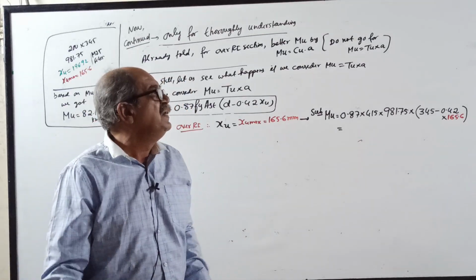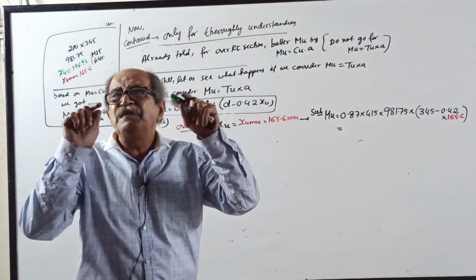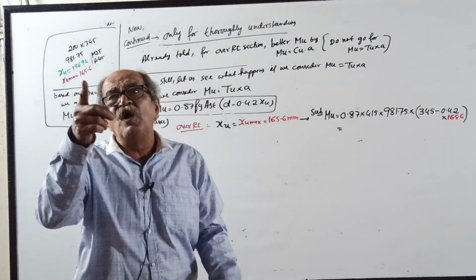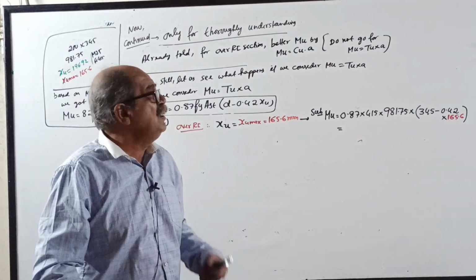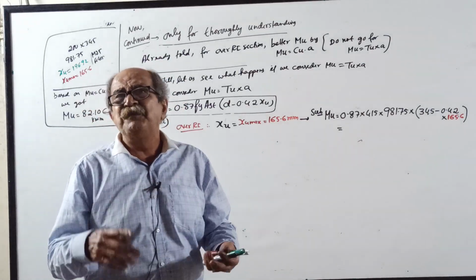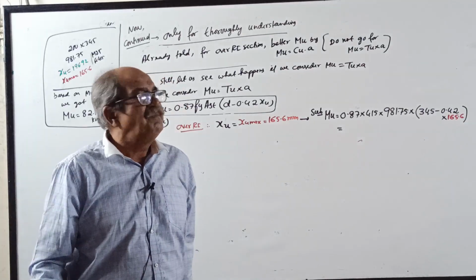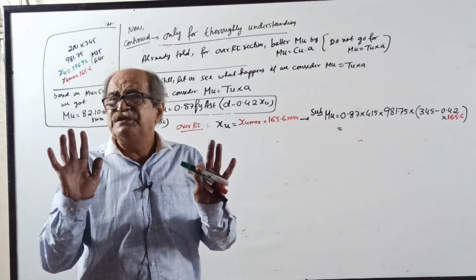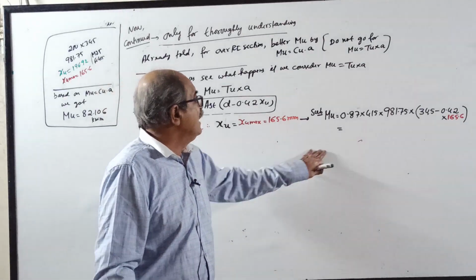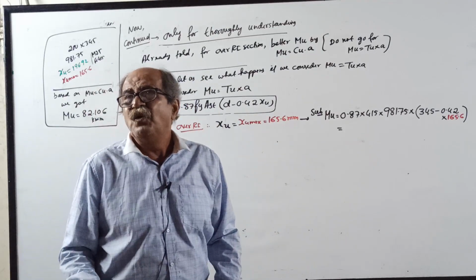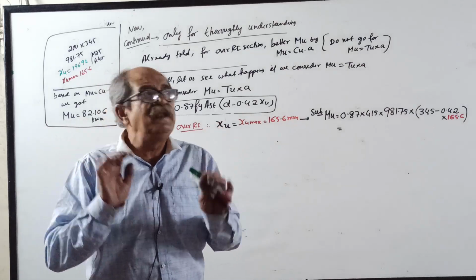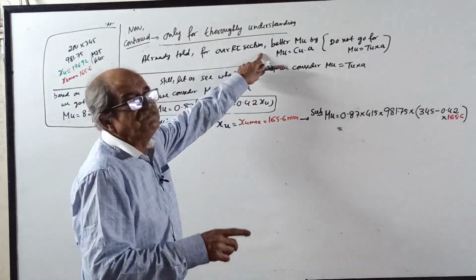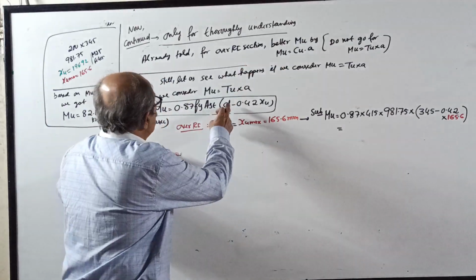There is danger, you may make a mistake. Over-reinforced or under-reinforced, anything, but for over-reinforced better to use Cu into A. But here it is a recorded class, so I will not stress this much. I will tell them to substitute.